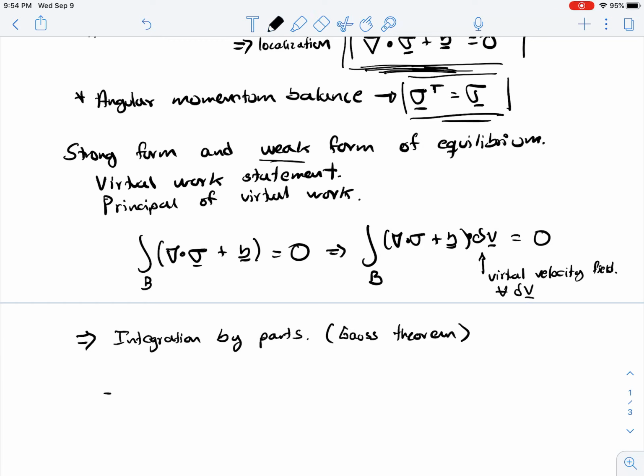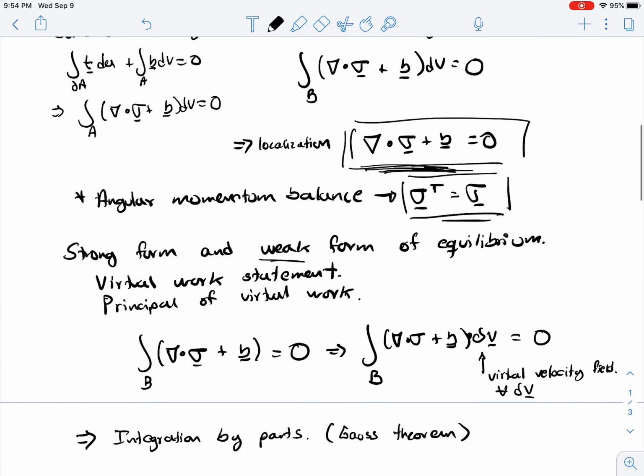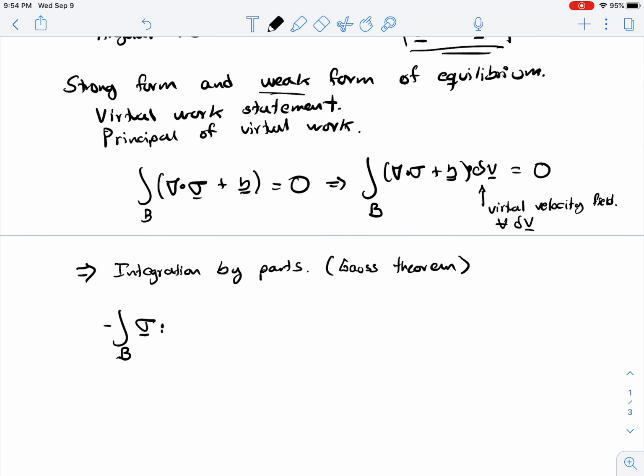If you recall your integration by parts formula, we end up with sigma contracted with the gradient of this virtual velocity field, plus an integral over the boundary of the traction, at the part of the boundary that has tractions.